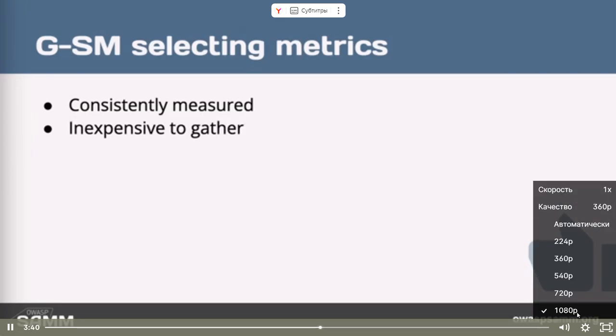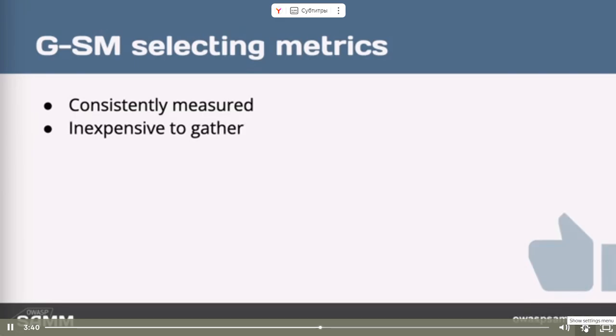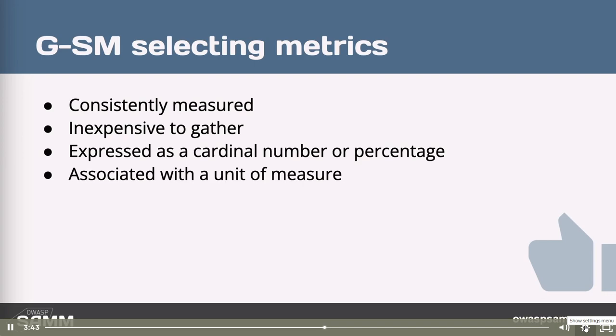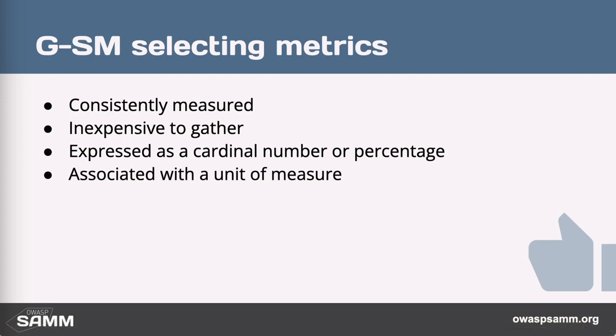Ideally, it should come out of your tooling automatically. And then these last 2 points go together. The metrics should be quantitative, a count or percentage, and it needs to be clear it's a count of what. In particular, it needs to be clear for someone reviewing the metrics what factors are included in deciding what gets counted.